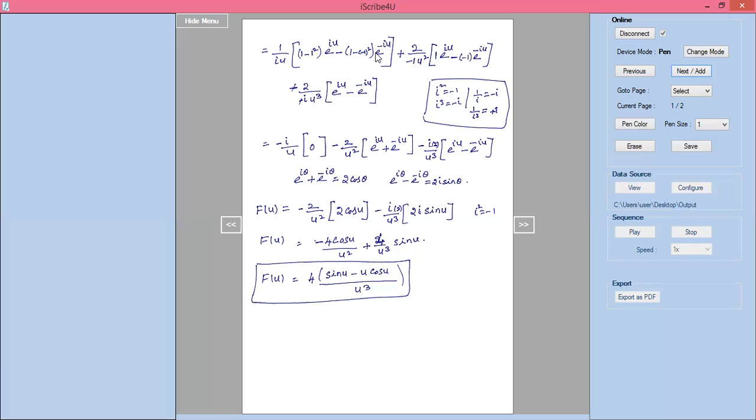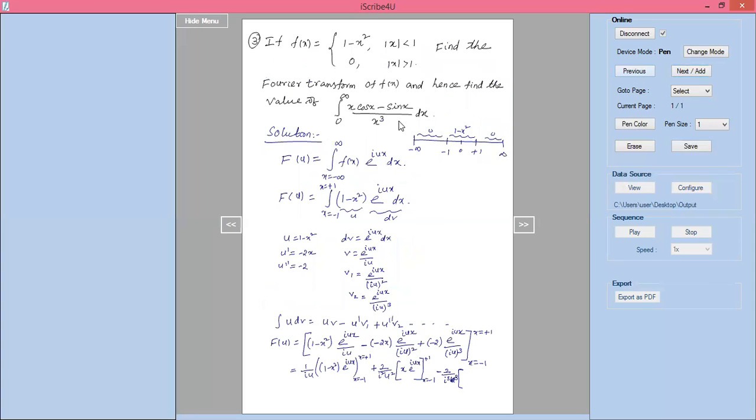Next, here they have given something that we have to evaluate: integration of x cos x minus sin x divided by x cube into dx.